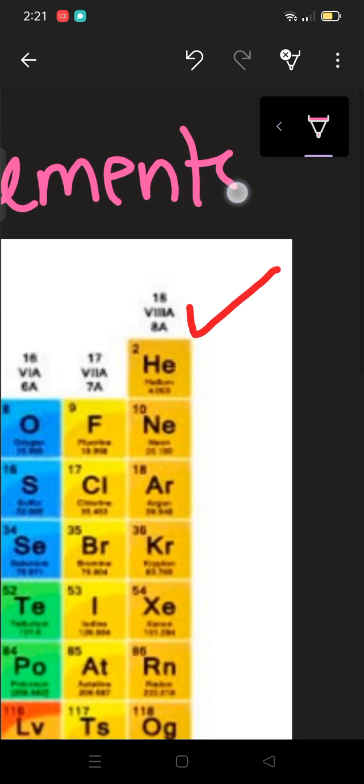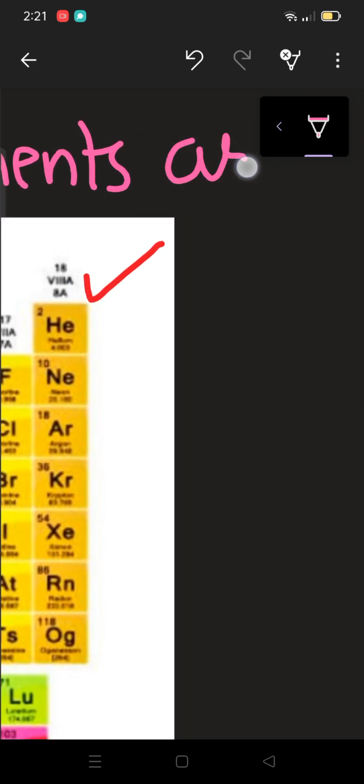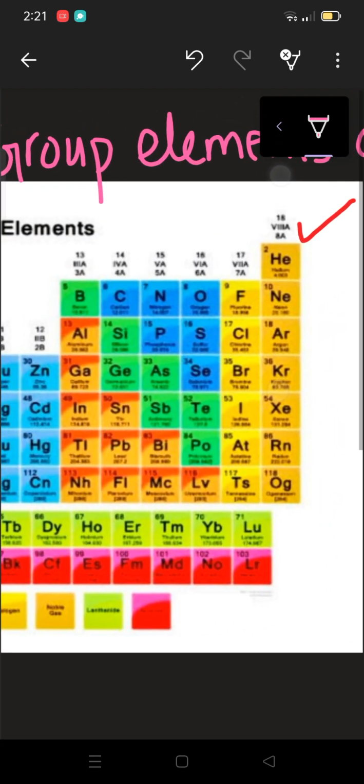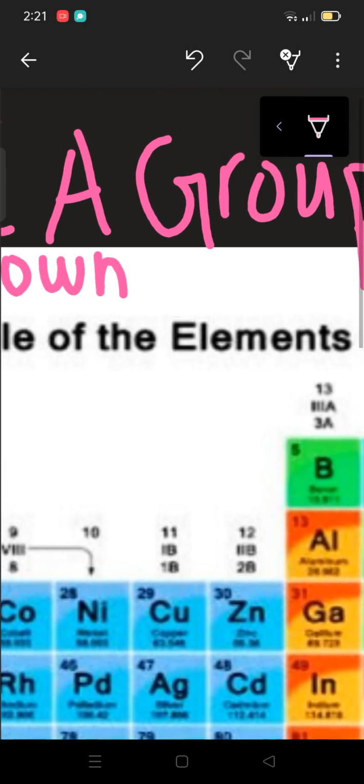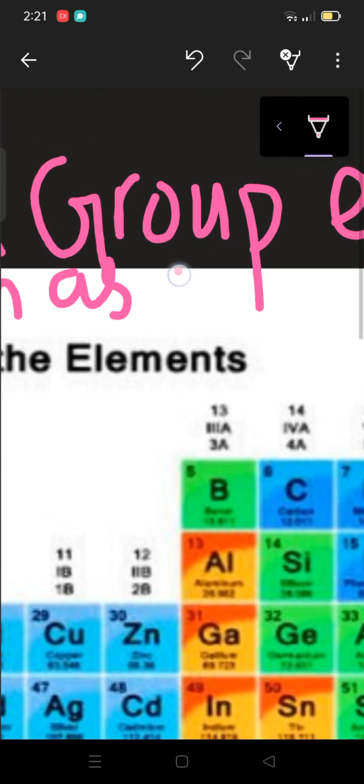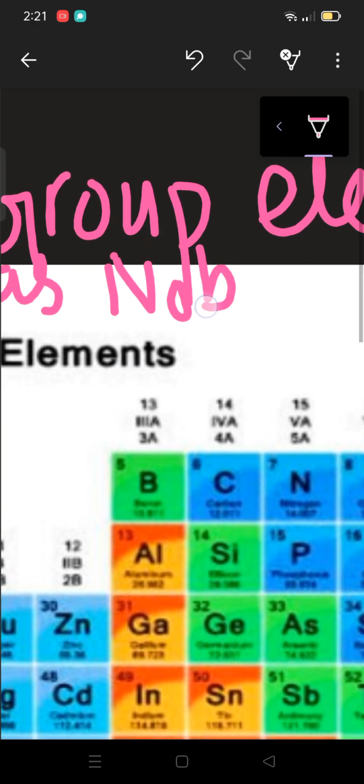are also known as, like they have a second name as well, known as noble gases or inert gases. We'll be talking about that as well, why they have gotten the name noble gases.